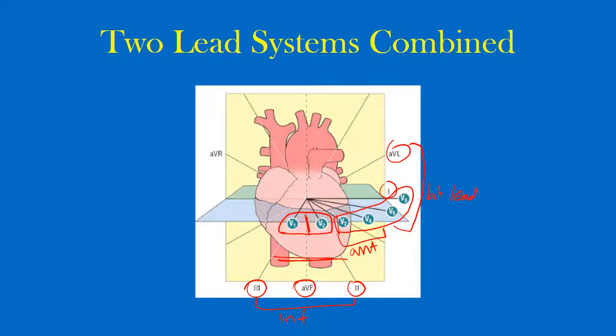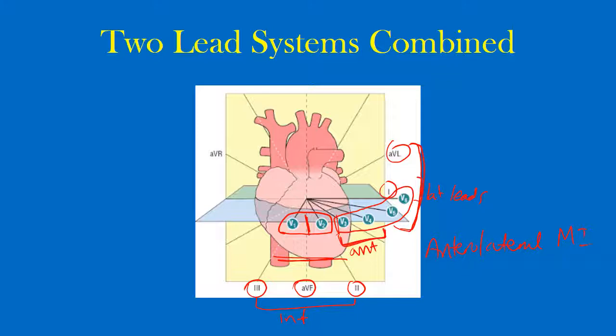Therefore, ischemic changes on the EKG may indicate an anterolateral MI. So meaning that if potentially we see ST elevation in V3, V4, V5, V6, as well as in AVL and lead 1, this may be an anterolateral MI. And we'll get into these specifics later as we get into looking at EKGs and pathology that may arise.